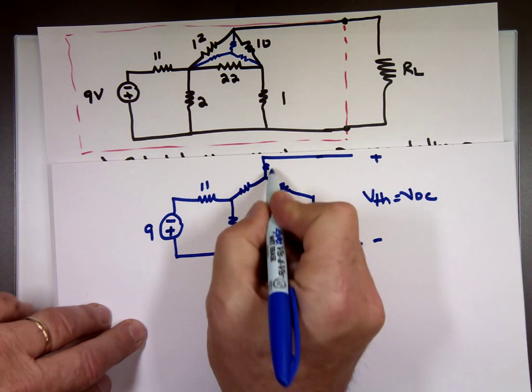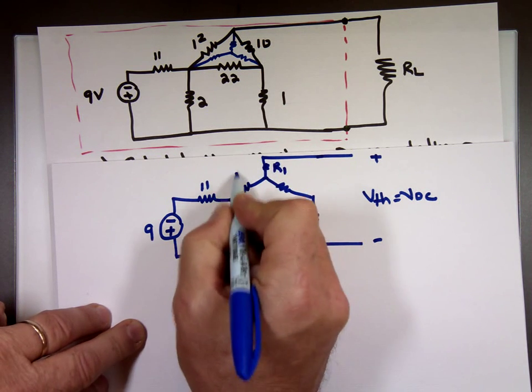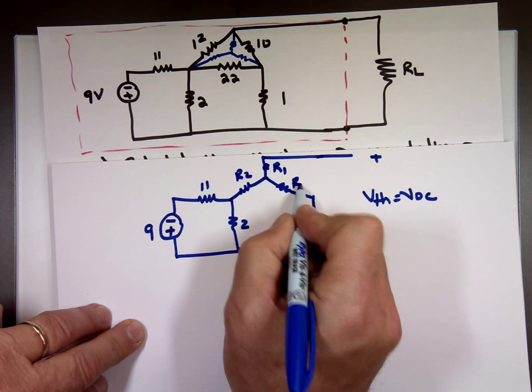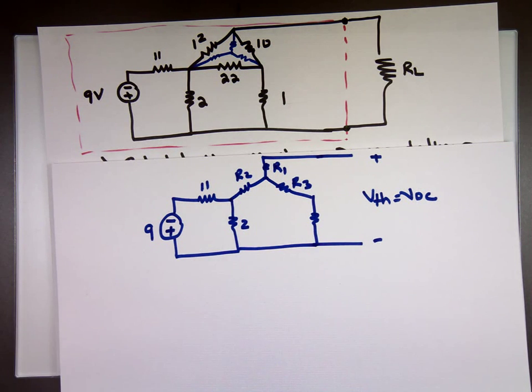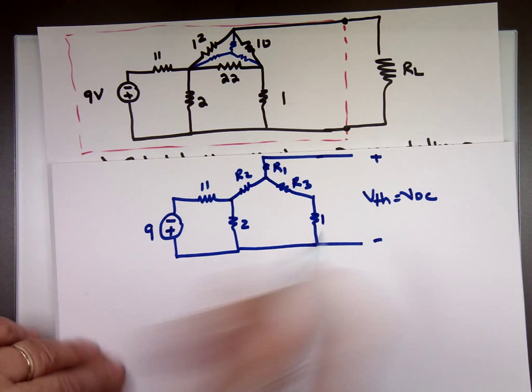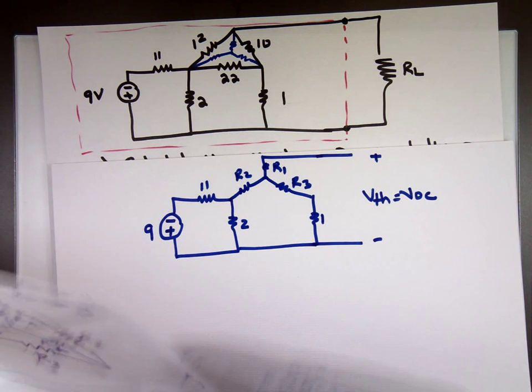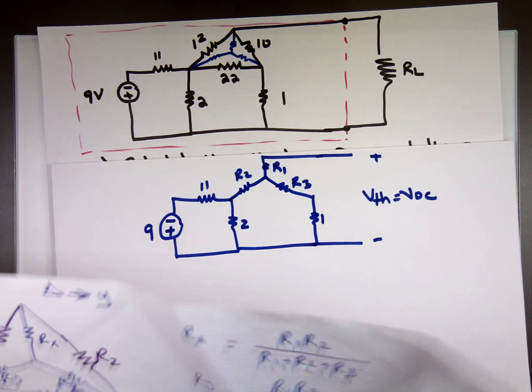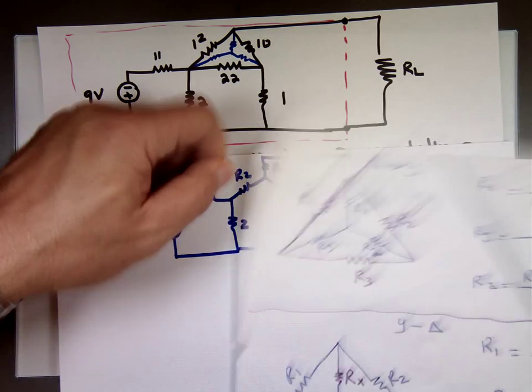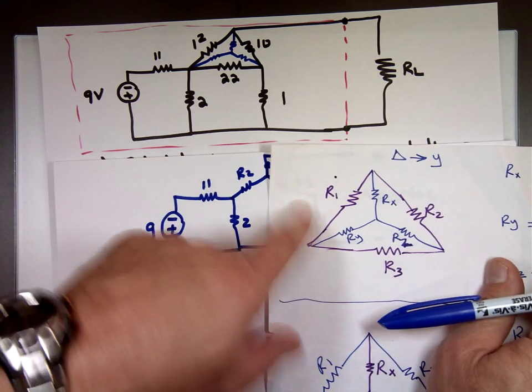Let's call this R1, R2, R3. I need to find what they are. Now, I saved my sheet here. I said, if you have a delta connection like this, that's the purple, remember that?